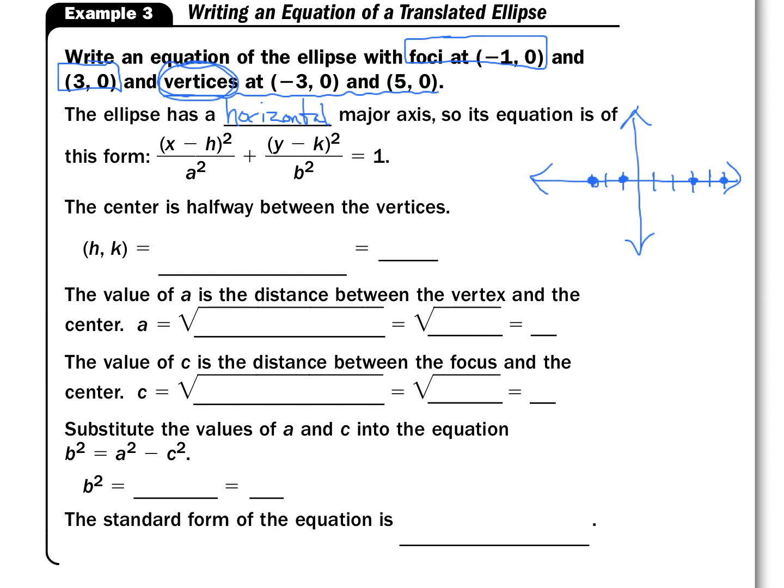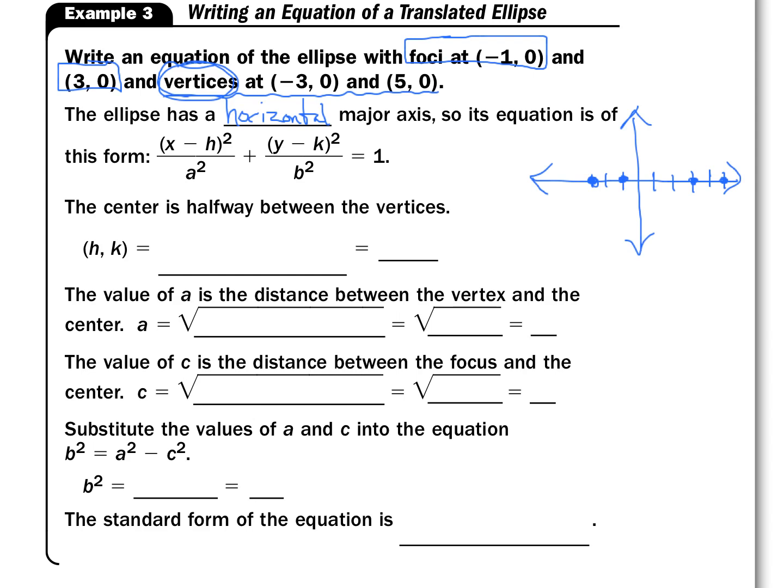All right, so the center must be halfway between the vertices. In order to figure out where the center is, we have to find the midpoint of our two vertices. So our vertices are negative 3 comma 0 and 5 comma 0.